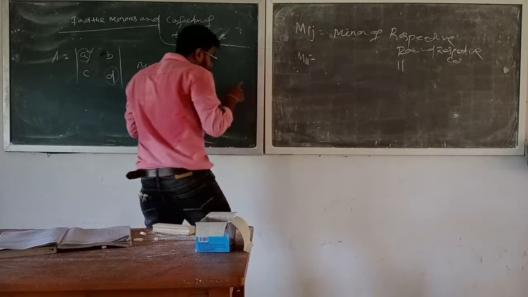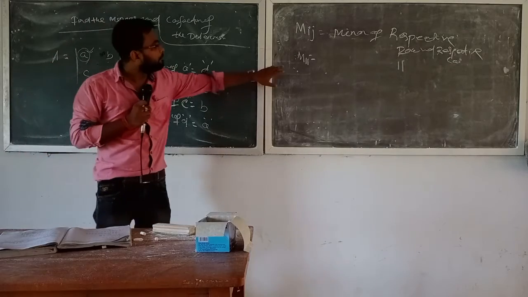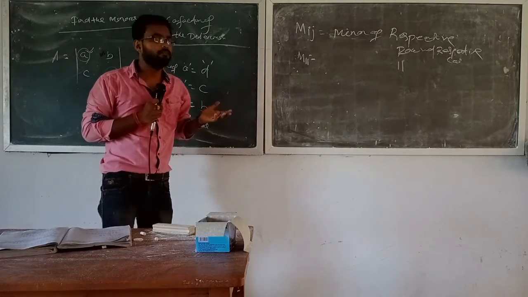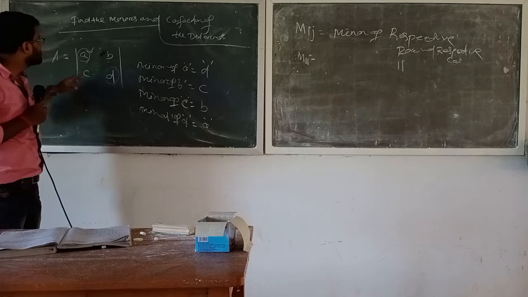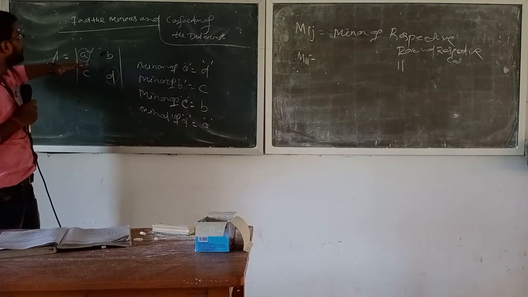M11 means it represents the first row and first column element. First row, first column.